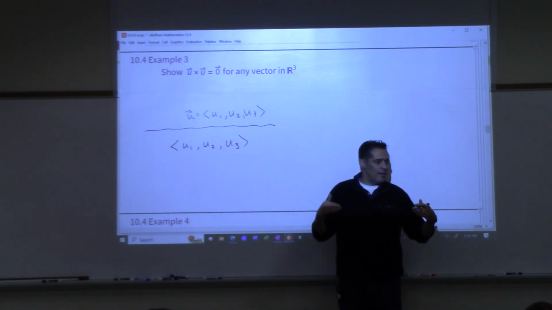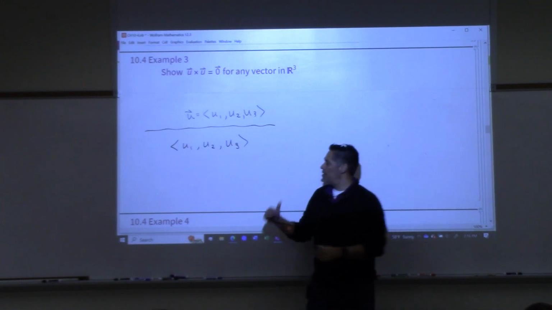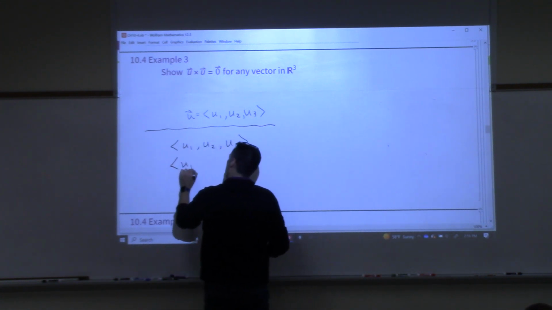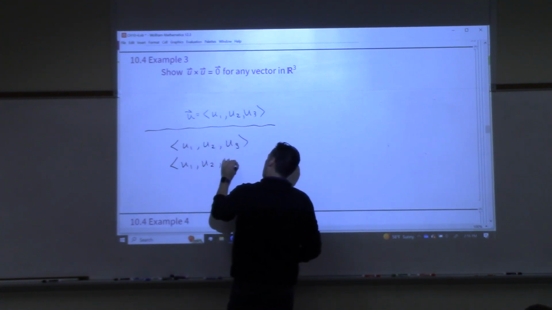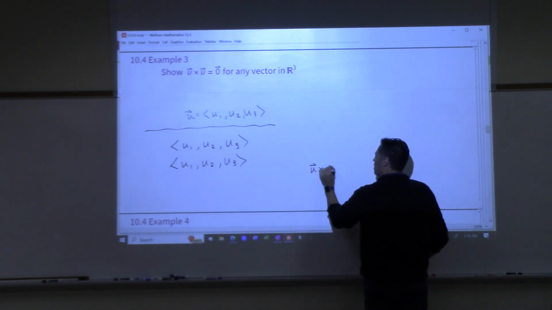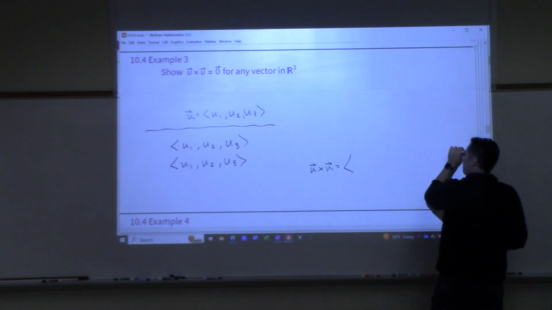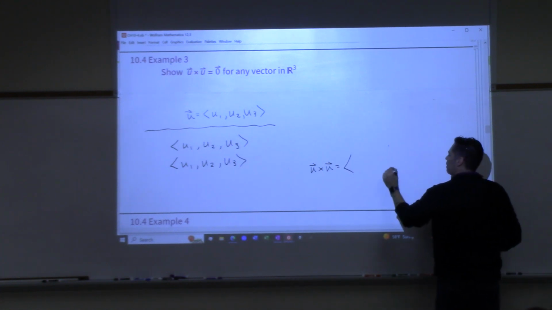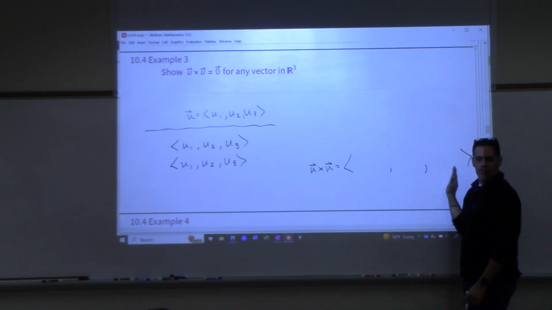And then right below it, I'm going to rewrite it because I'm crossing it with itself. And then over here, I'm going to write the answer. U crossed with itself should be a three-dimensional vector, right? Three components.